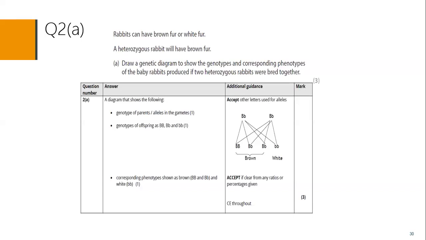So if you don't, you can only get mark 0.3. It specifically says draw a genetic diagram so that you can demonstrate that you know the genotype of the parents or the alleles in the gametes, and then the genotypes of the offspring.